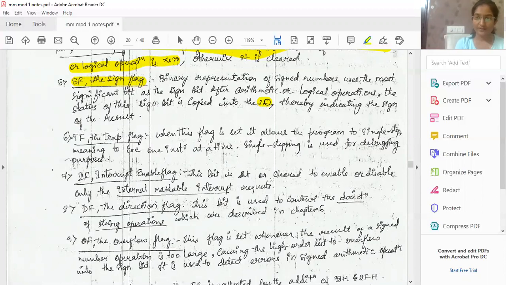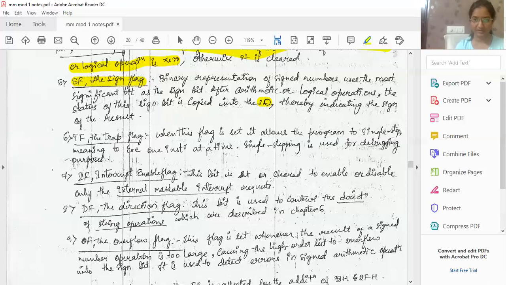If that bit is 1, then the sign flag will go high. Sign flag high means the number is a negative number. If that sign flag is 0, then the 0 will be copied in the sign flag bit of the flag register.